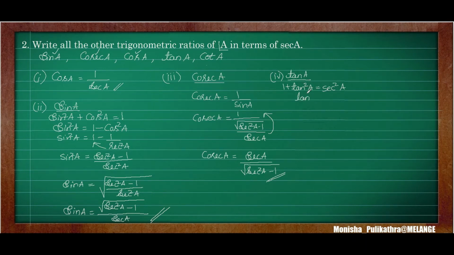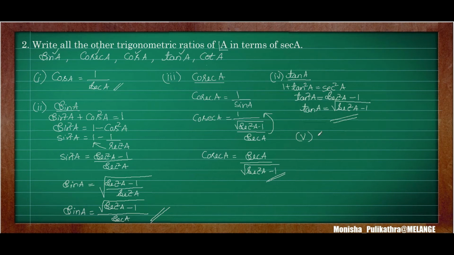So tan square A is equal to, shifting this 1 to the right hand side, secant square A minus 1. Next, shifting the square to the left hand side, it becomes square root. So tan A is equal to square root of secant square A minus 1. So this is the formula of tan A in terms of secant A.